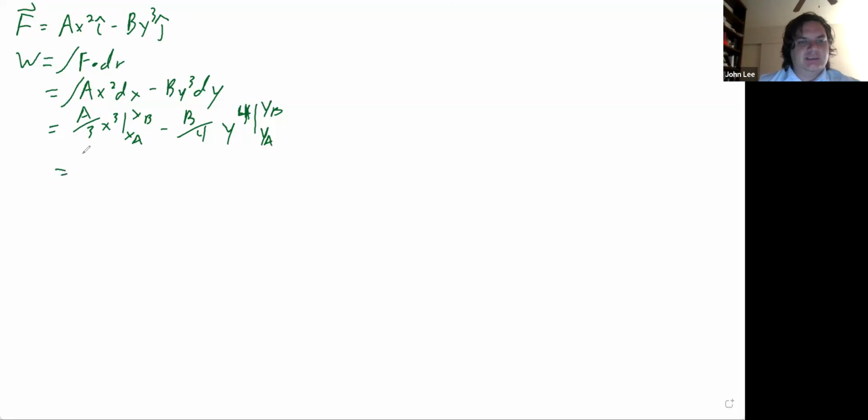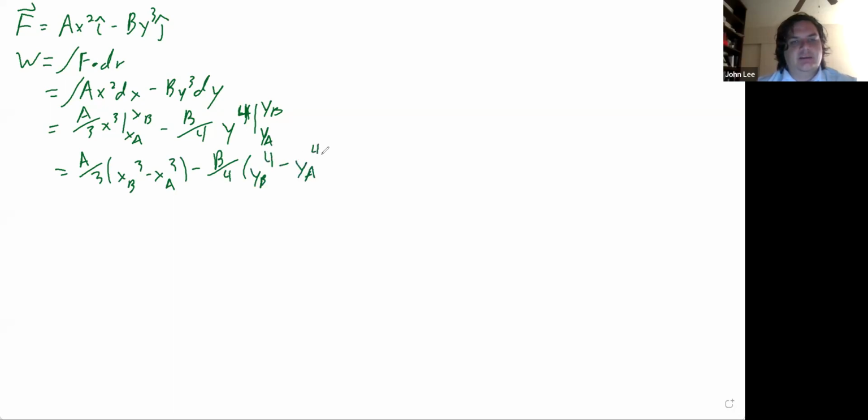But as it stands, this is just A over 3 times (xb cubed minus xa cubed) minus B over 4 times (yb to the fourth minus ya to the fourth), because you only have to worry about integrating along the y and the x direction.